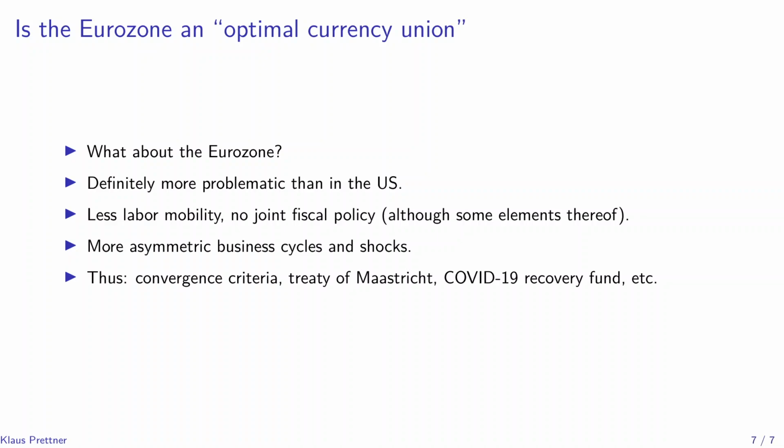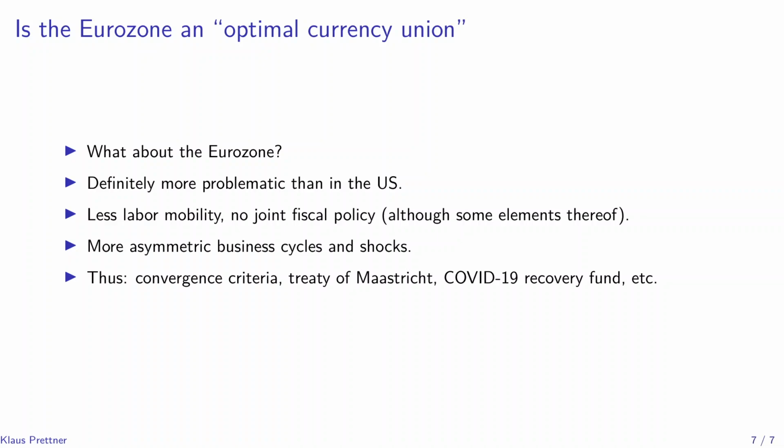That's the reason why there are so many treaties and criteria that countries have to fulfill if they want to join the monetary union, so as to generate an optimal currency area kind of by force. So you impose convergence criteria, you impose certain things like the six-pack in the crisis times, and that may help to come closer to an optimal currency union.